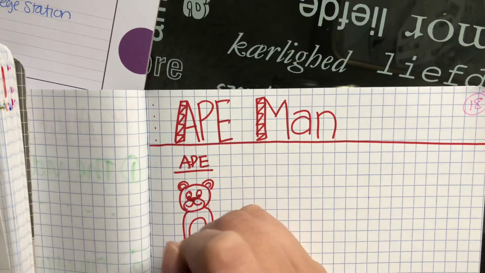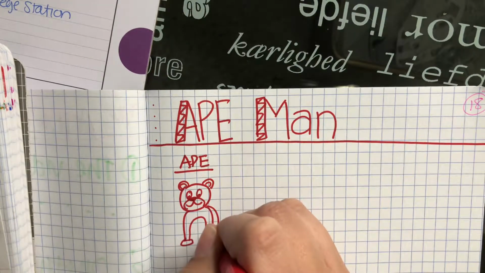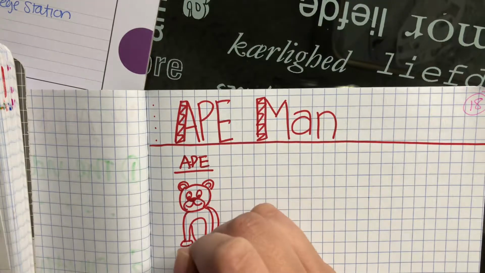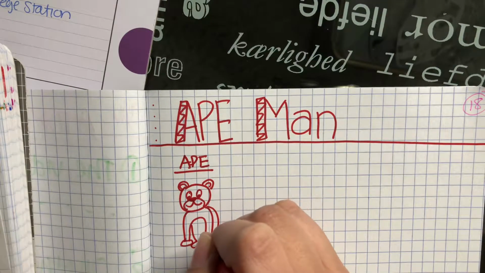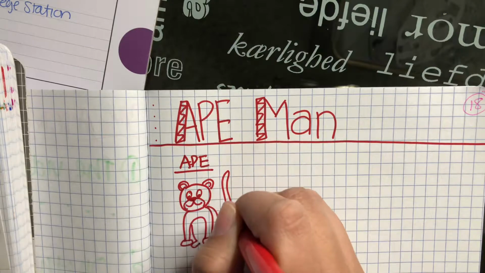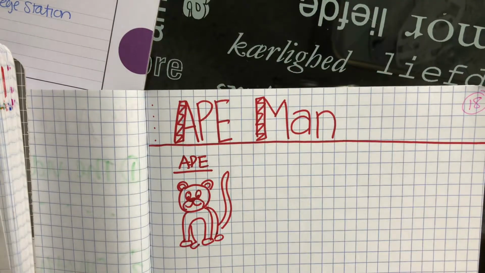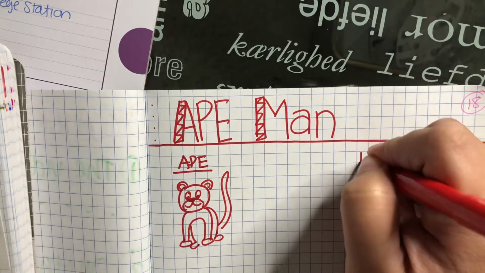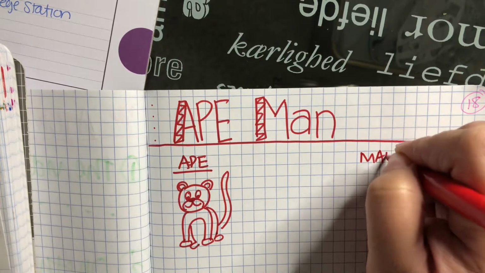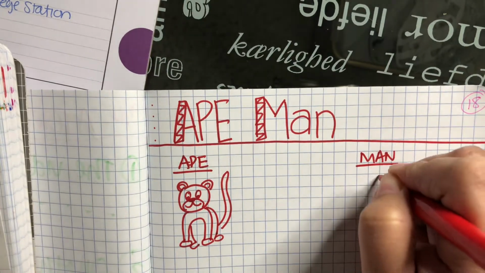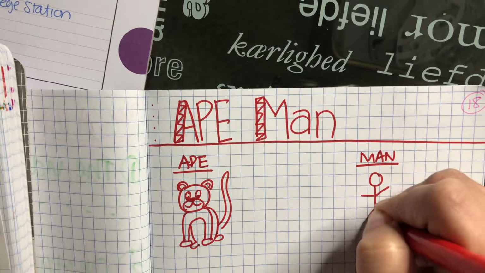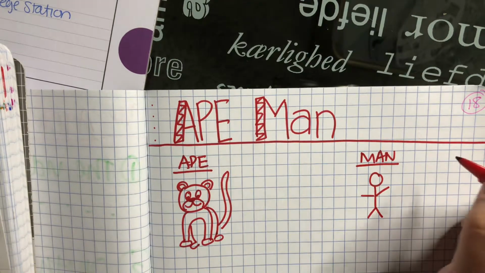Oh god, now it looks like a dog. Anyways, this is supposed to be an ape. We're gonna pretend. And then this is our man over here. I'm not gonna even try to draw something else.